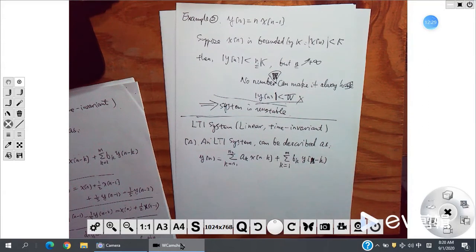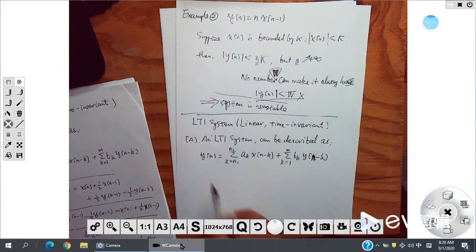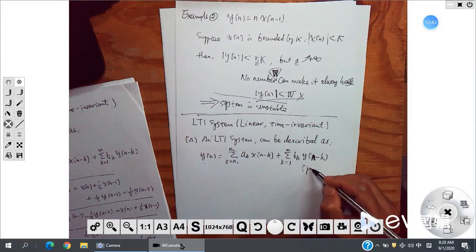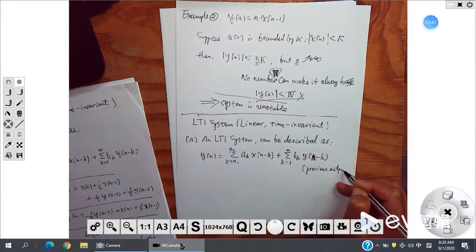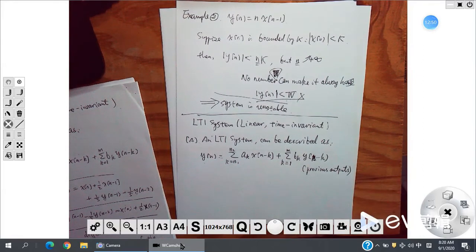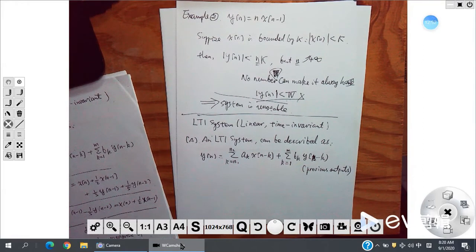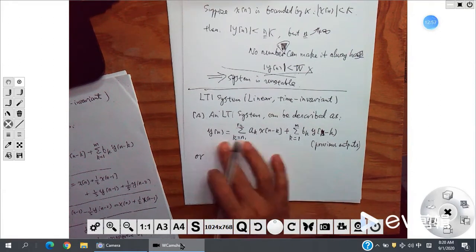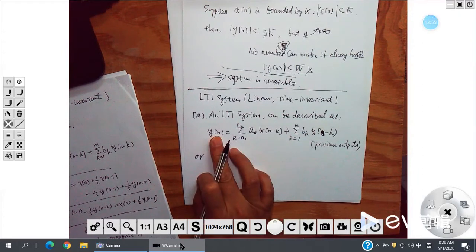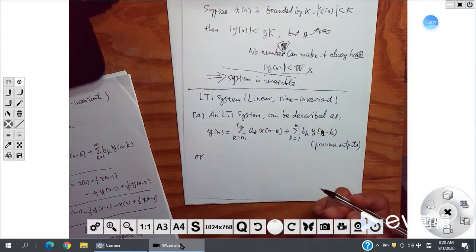So what is the output? The output equals some combination of the input and some previous outputs. You can always write it in this way, or you can put them together. Suppose you want to use a different letter for the coefficient.